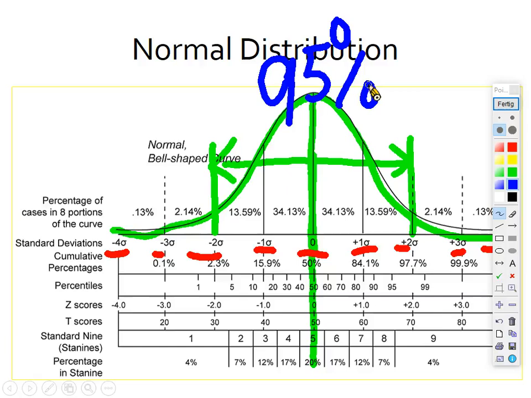Around 95%, which means that if we select samples 1,000 times, the means of those 1,000 samples, 950 of them should be within the 2 standard deviation range, negative and positive.